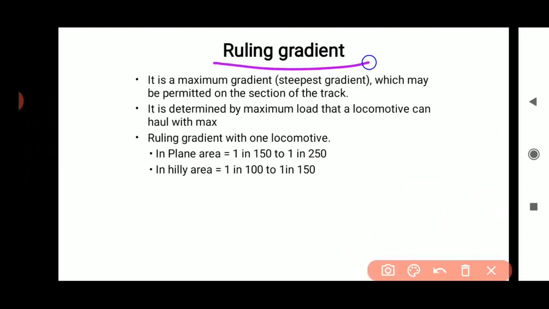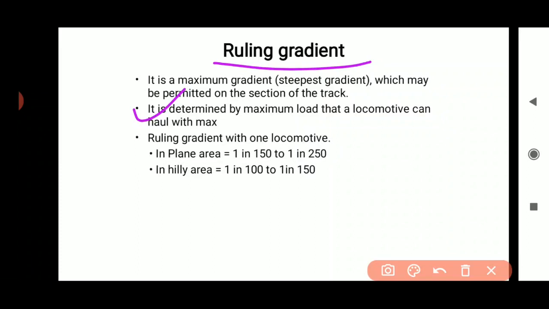It is also known as the design gradient, and it is determined by the maximum load that a locomotive can haul. According to the weight of the locomotive, we provide the ruling gradient, and that is the maximum permissible value.